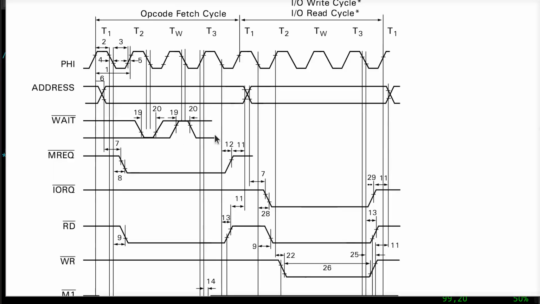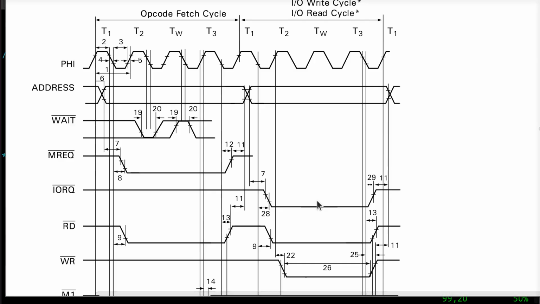In order to read from an I/O port, you have to have IORQ true and something. In order to read from the memory, the ROM, MREQ has to be true and something in order for that one to be true. These are never true at the same time on a Z80 bus.